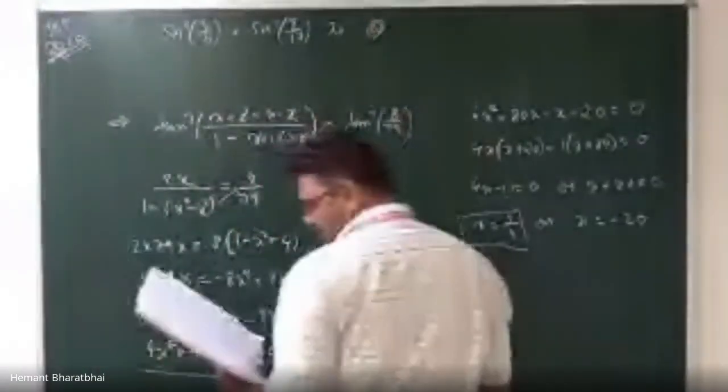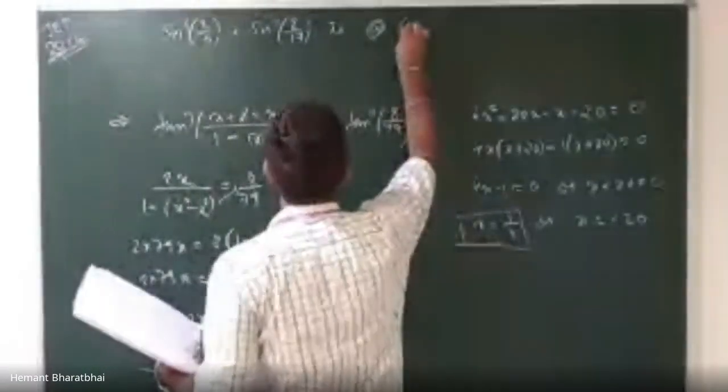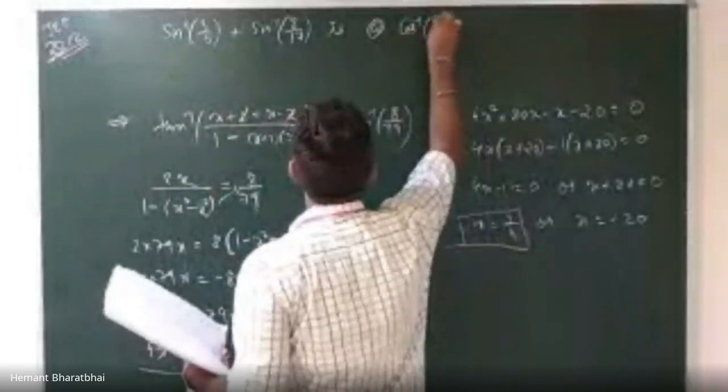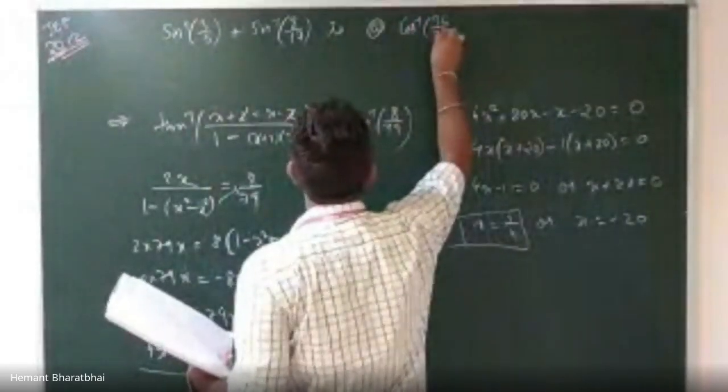Option A is cos inverse of 36 by 85. Option B is cos inverse of 85 by 36.